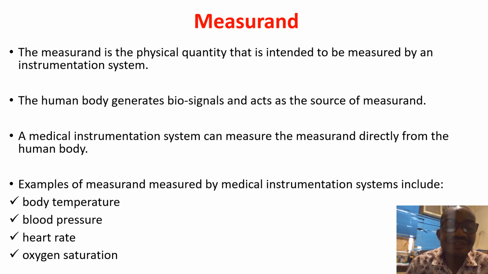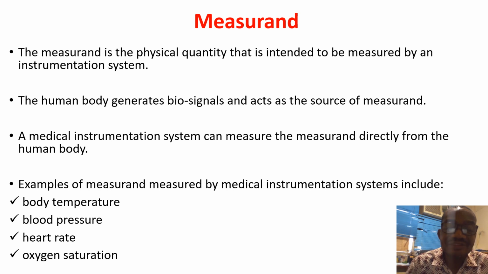Then let's look at the measurand. The measurand is a physical quantity that is intended to be measured by an instrumentation system. Usually, the human body generates biosignals and acts as the source of the measurand. The measurand is obtained from the human body.